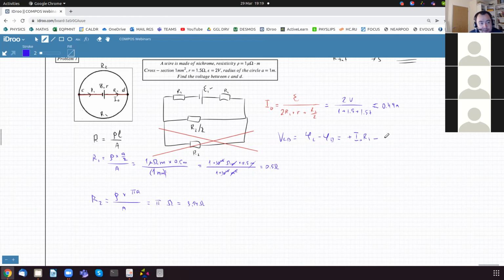Now the battery increases potential, so it's going to be minus EMF, minus I0 R, plus I0 R1.